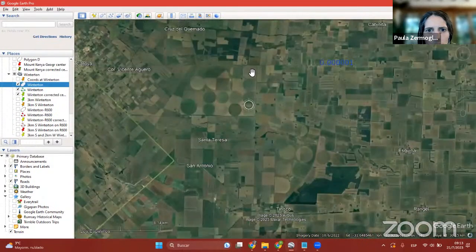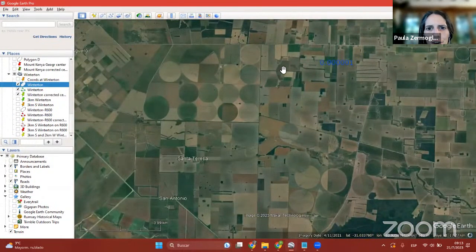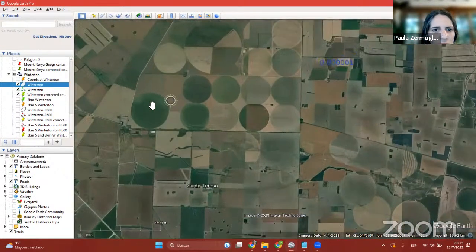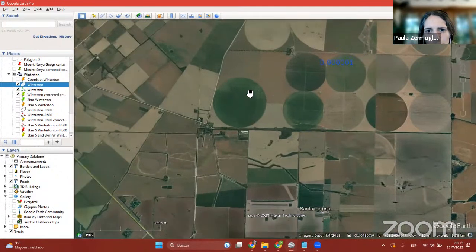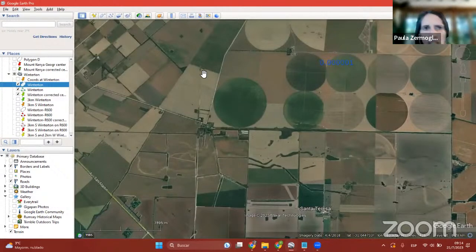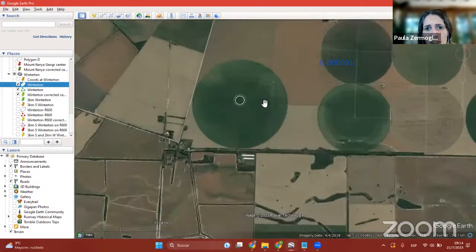There you have it. These are plots, farming areas where you see the circles because of how they irrigate the ground. They irrigate in a circle, and so the circles get marked here. If I was to georeference this one, like field number 3 in this farm, whatever the description is, we would actually have a circle.